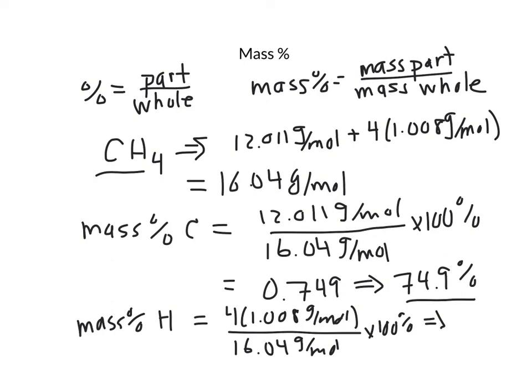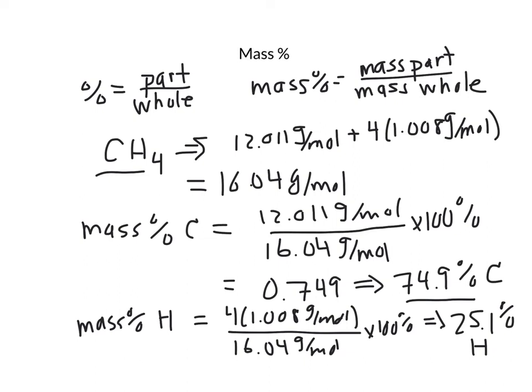And that gives me 4 times 1.008 divided by 16.04 is 25.1% hydrogen. So the thing that you will notice about this is that the percentages have to add up to 100%. So if I add 74.9 and 25.1, I get 100%.